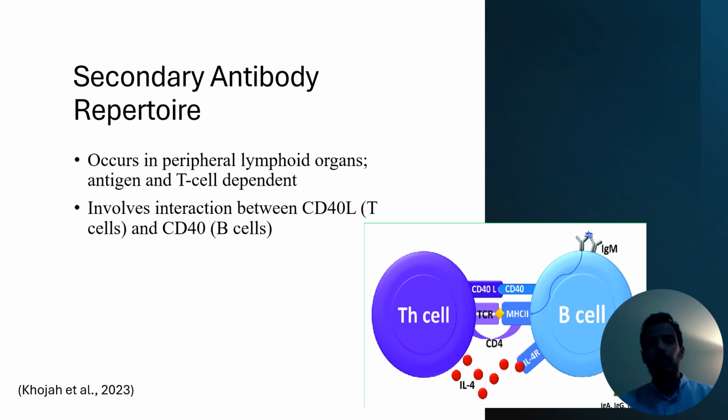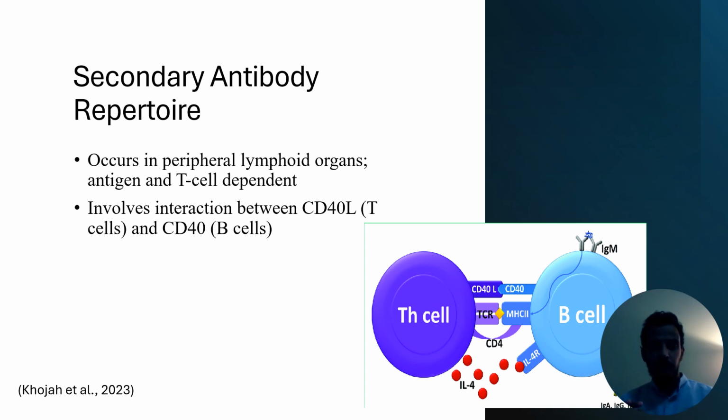Next, we will take a look at the process that occurs in the peripheral lymphoid organs, which is crucial for the adaptive immune response. This process is antigen dependent and requires T cell involvement. It involves a key interaction between CD40 ligand on the T cell, as shown here in these figures, and CD40 on the B cell.